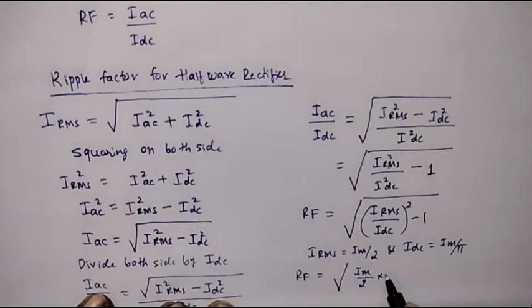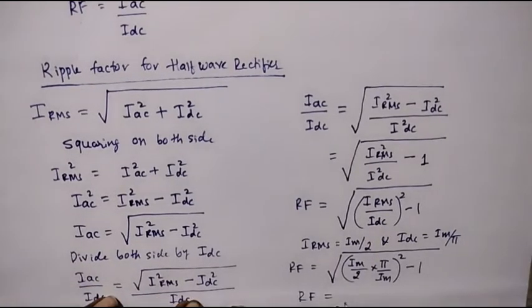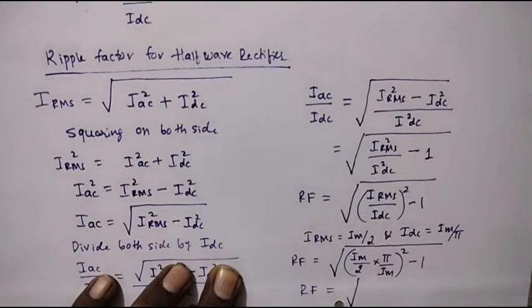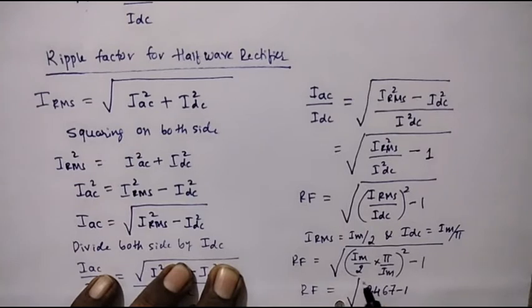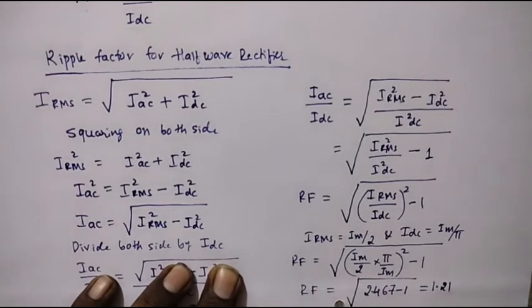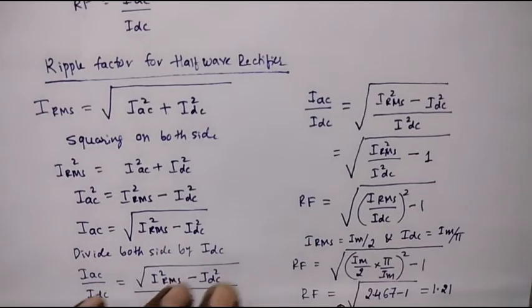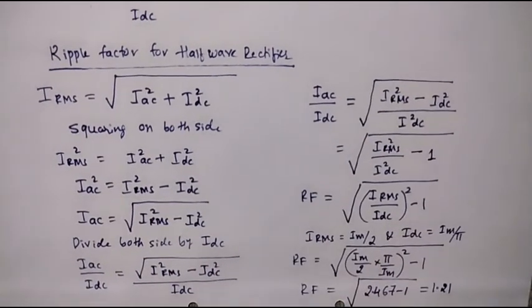So I can write it as multiplied by pi by Im, square, minus 1. Under root, Im will get cancelled, pi by 2 square gives 2.467, minus 1 will get 1.21. Therefore, the ripple factor for half wave rectifier is 1.21.